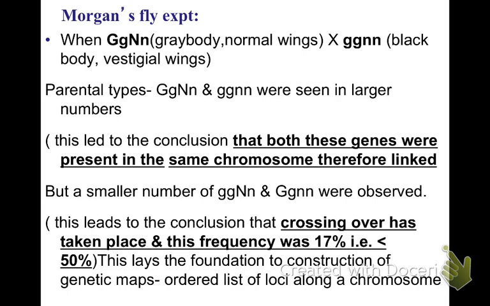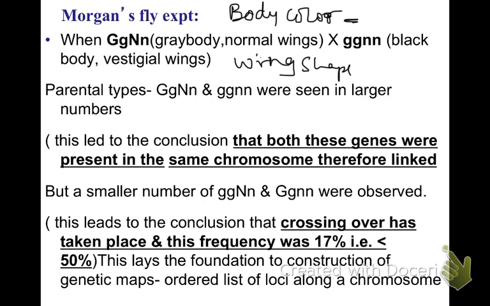In this case he is talking about two different characteristics. One was body color and the other one was wing shape. For body color, there was gray and there was black. For wing shape, there was normal and there was vestigial.